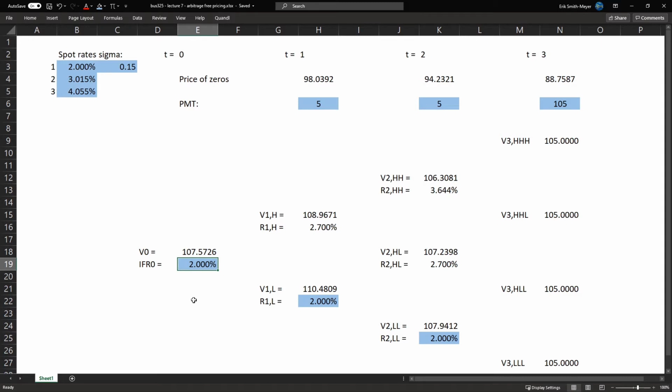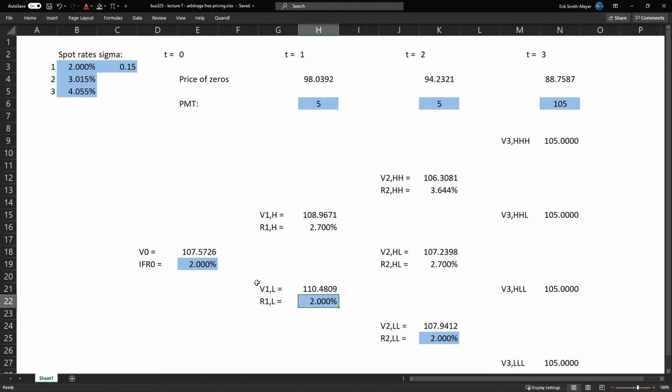But we do have an interest rate tree, so we have some dispersion. This interest rate might go up or it might go down, and we assume the interest rate process is log normal.